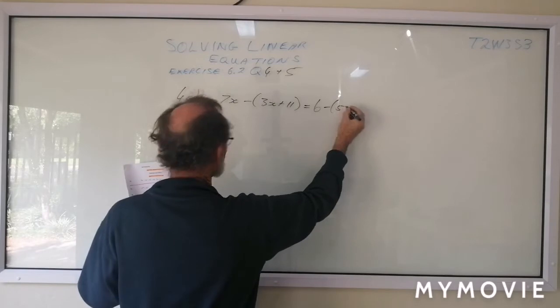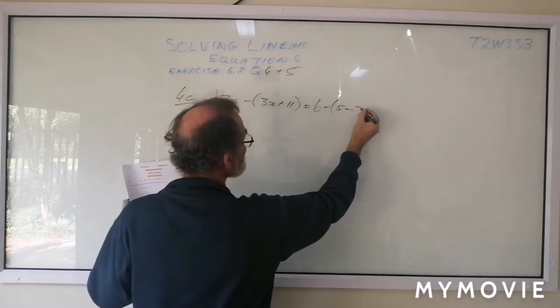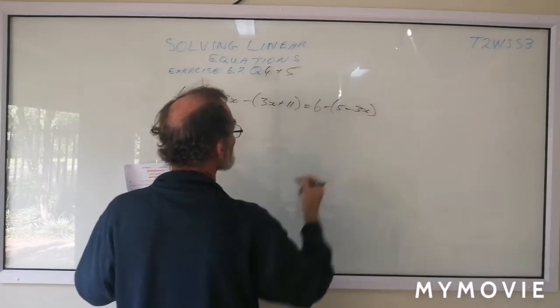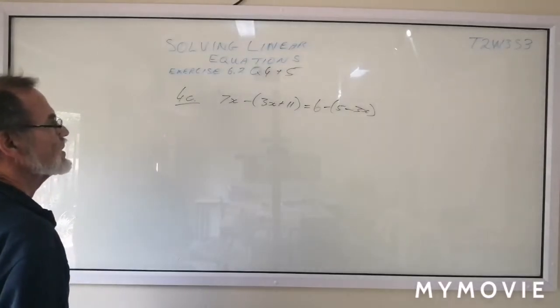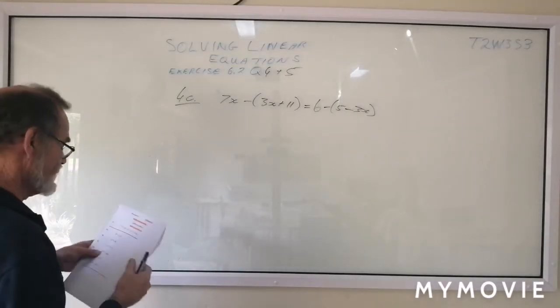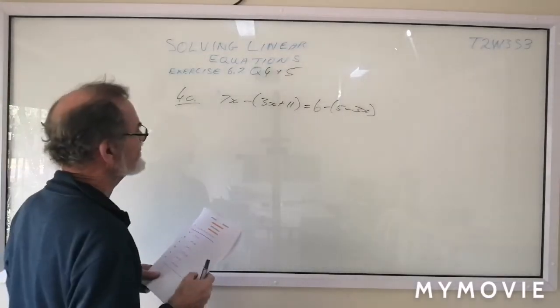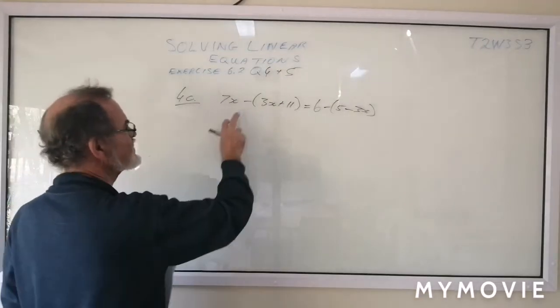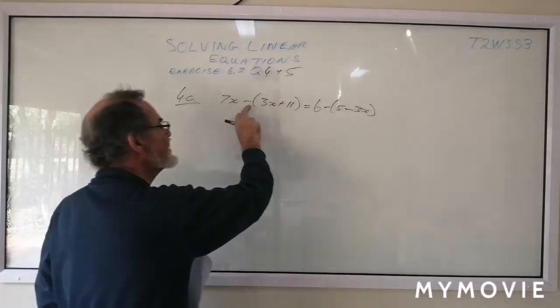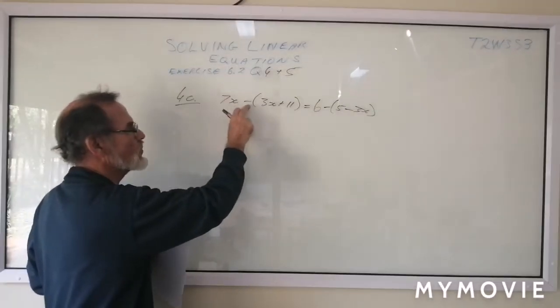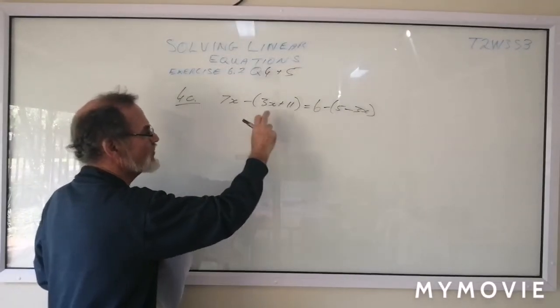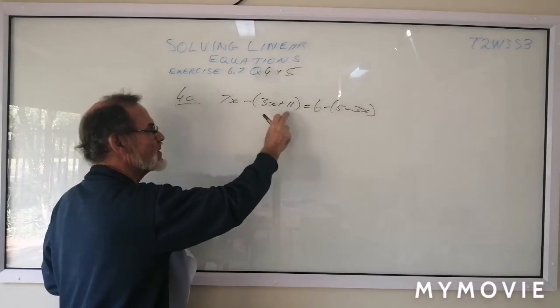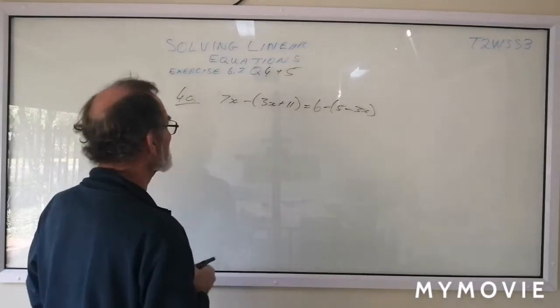6 minus (5 minus 3x). Okay, so first thing we have to do is multiply these brackets out. Notice this bracket here has got a minus in front of it. In other words, it's multiplied by minus 1. So you've got to multiply this by minus 1 and this by minus 1 before you can remove the brackets.